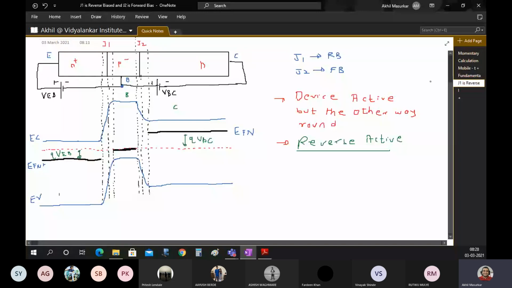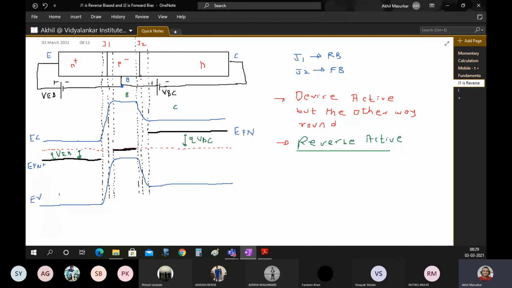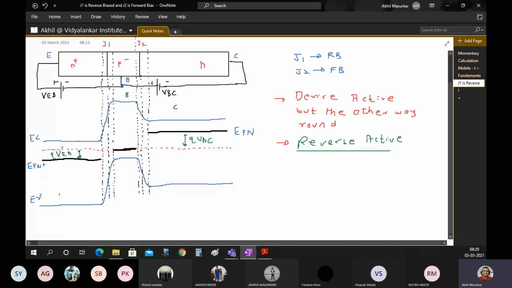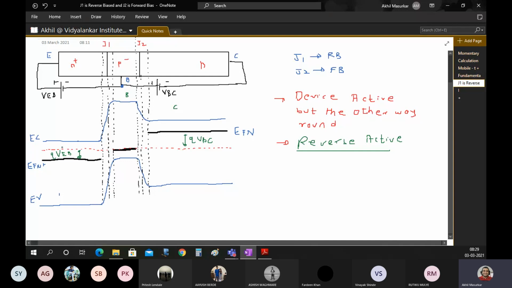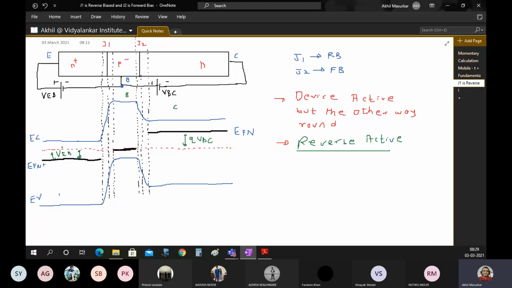So again, step number 1 is first draw the equilibrium diagram. Step number 2 is draw the Fermi levels as per how you have connected the bias, and then maintain the integrity of P and N regions, and then join conduction bands with conduction bands and join all the valence bands together.